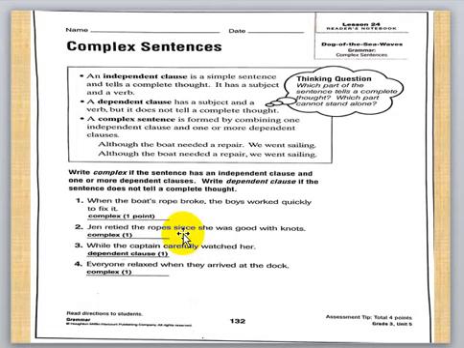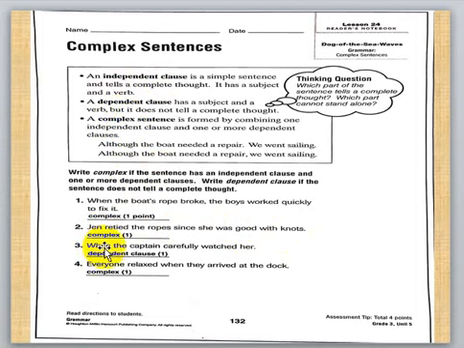What is the meaning of this? It means connector. It connects two sentences. So two sentences with a connector, complex sentence. But here, since she was good with knots, it's a dependent clause. Jane retied the ropes, simple sentence, it's an independent clause.